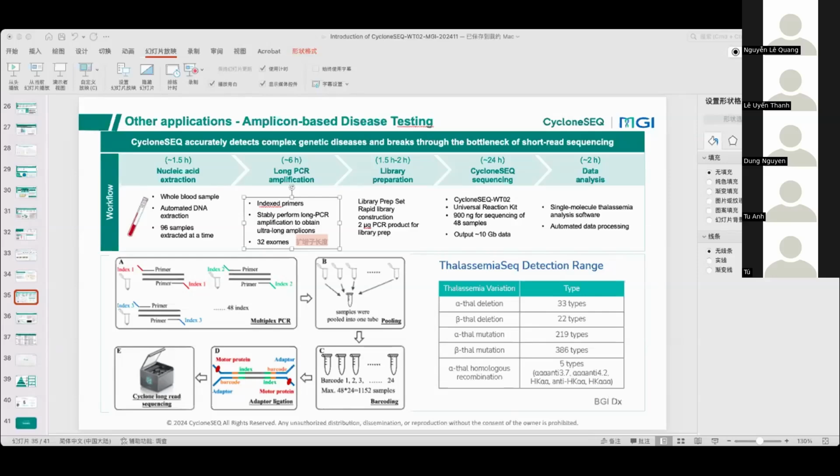Yes, we do. We are currently developing some common bioinformatics tools for CysloneSEQ, and some of these have been released, including the quality control analysis tool called Bamboo, and also the human genome variant calling tool.